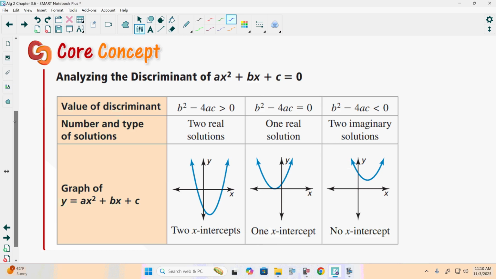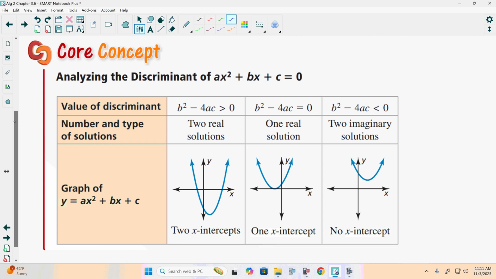Because if b squared minus 4ac is greater than 0, we're going to have two real solutions. Because we're going to have a positive number coming out of that radical, so we have a positive, negative version of that number. It will give us two solutions. As we've seen already today, if it is equal to 0, we have exactly one real solution.